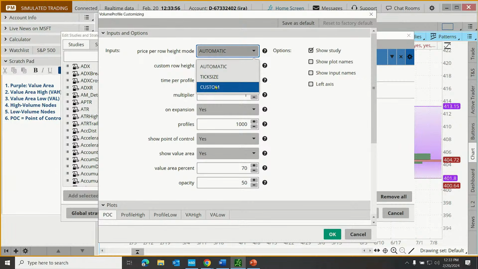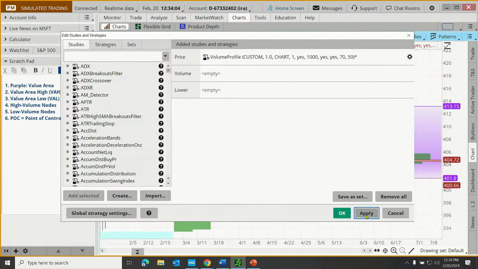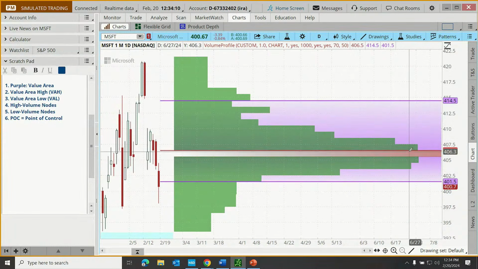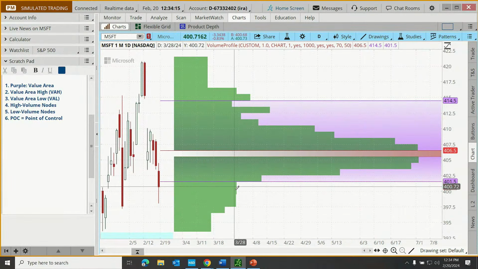Let's switch that to custom, and our custom row height, I'm going to leave at 1, which means $1. We're just going to click OK and click Apply, and what you'll see now is that each one of these is the same thickness. Each one is going to be $1 in thickness. Now, there are some that look thicker. That's just two that are roughly the same length stacked on top of each other.